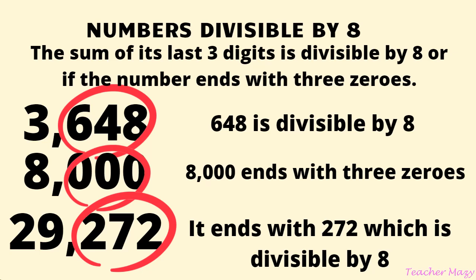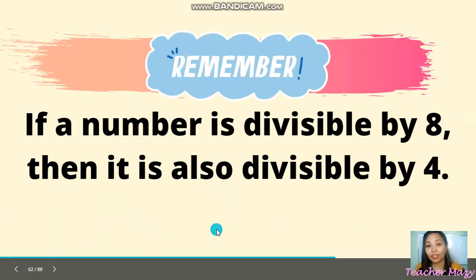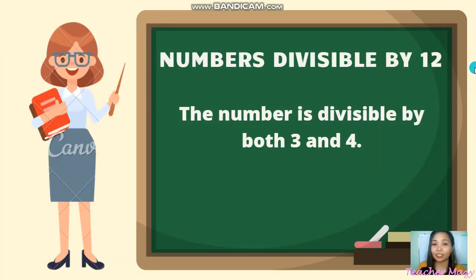Okay, so that's how you know if a number is divisible by 8 or not. So remember, if a number is divisible by 8, then it is also divisible by 4, since half of 8 is 4.